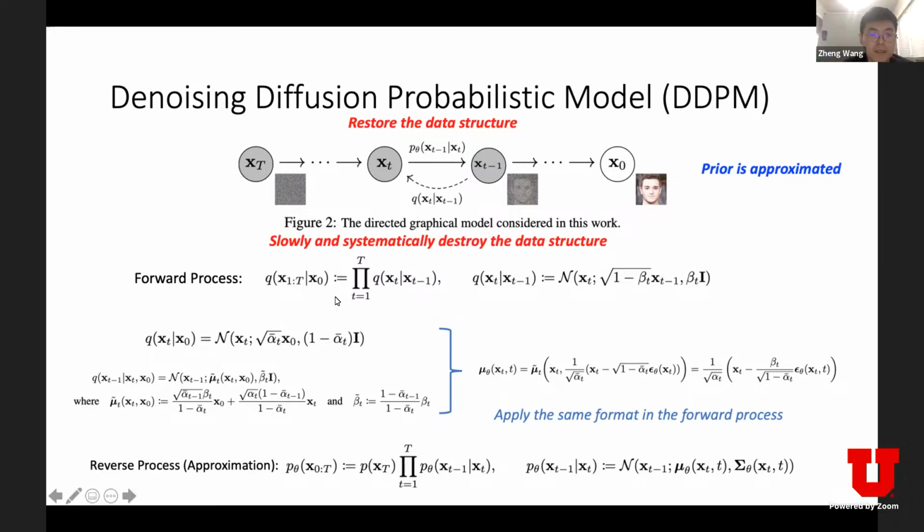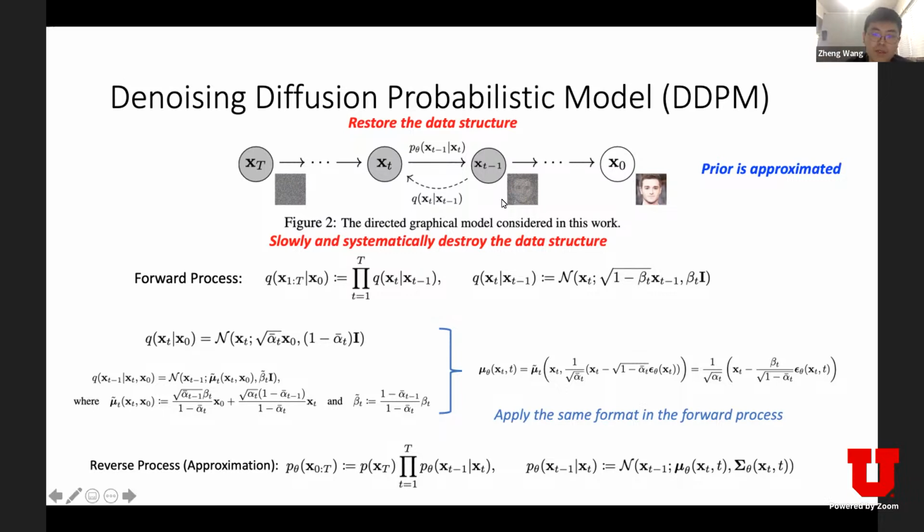And here, the reason the reverse process is approximated is that we don't know the exact distribution of the x0, so we cannot integrate out the x0. So we must use some approximation to approximate the reverse process.